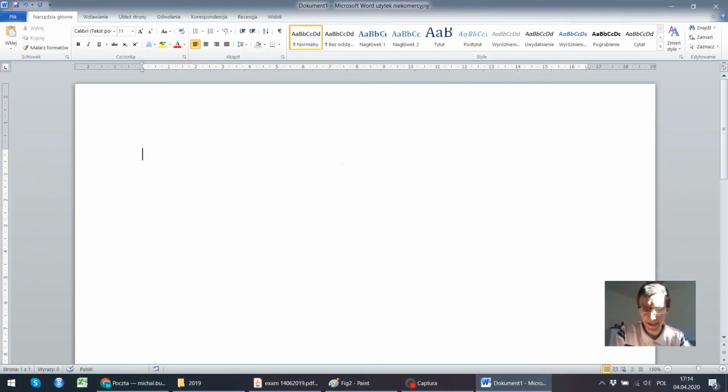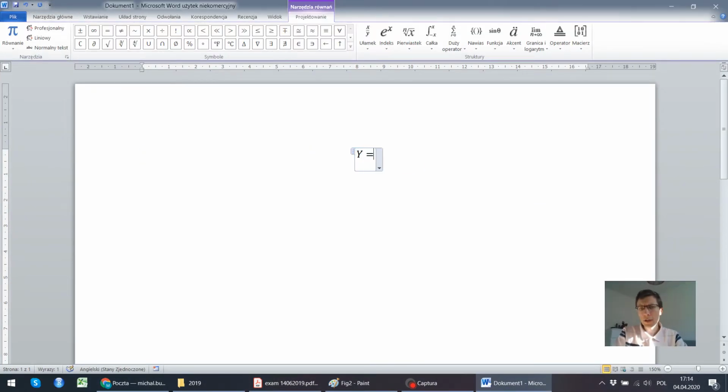So now let's write down the equations. We know that output in the equilibrium is equal to the total demand, which is equal to consumption plus investment plus governmental expenditures plus net exports.